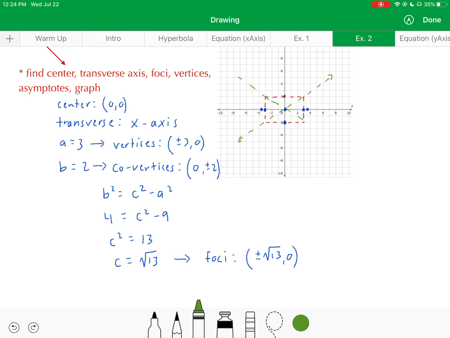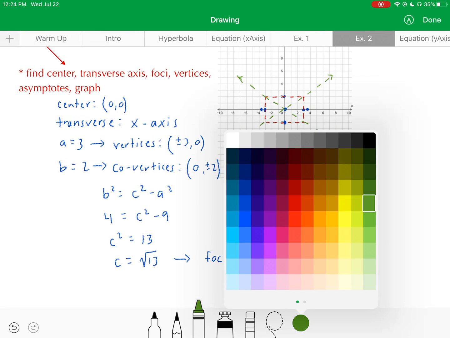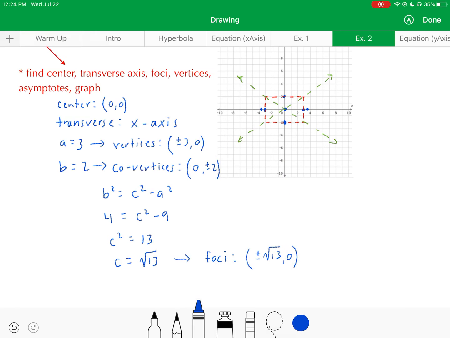It's a little crooked. All right, and once you have those asymptotes drawn, it just helps you sketch out the hyperbola.